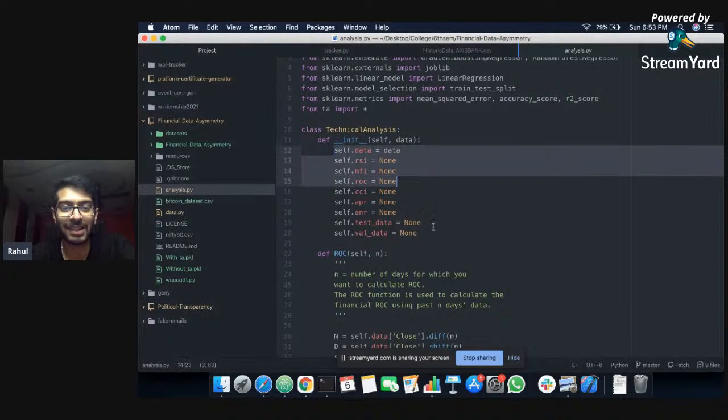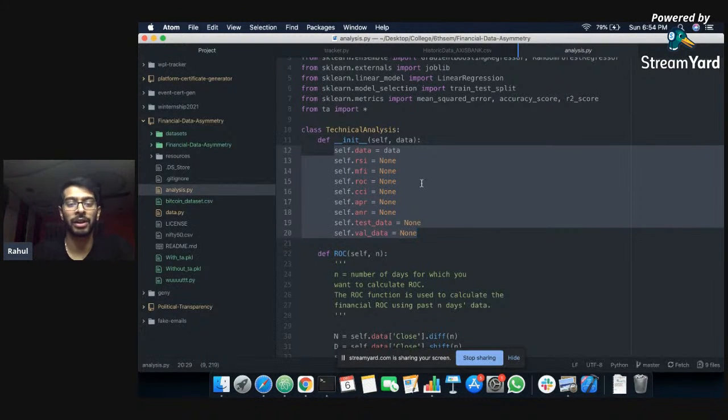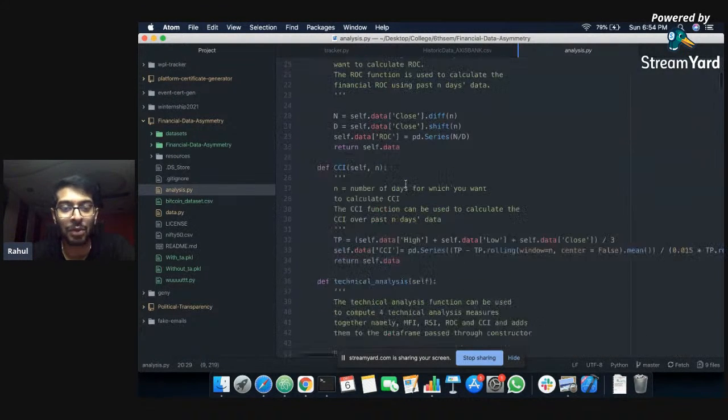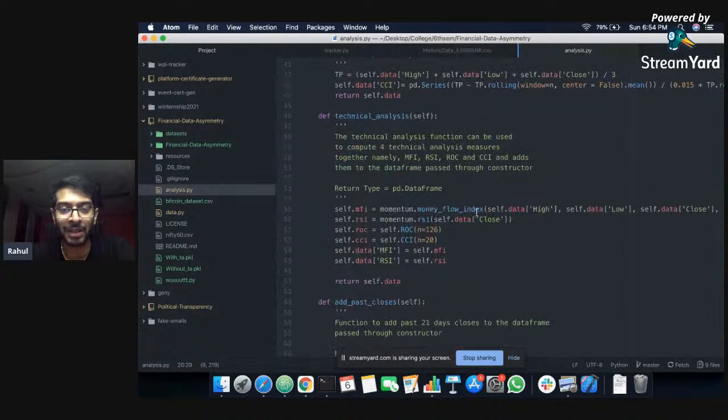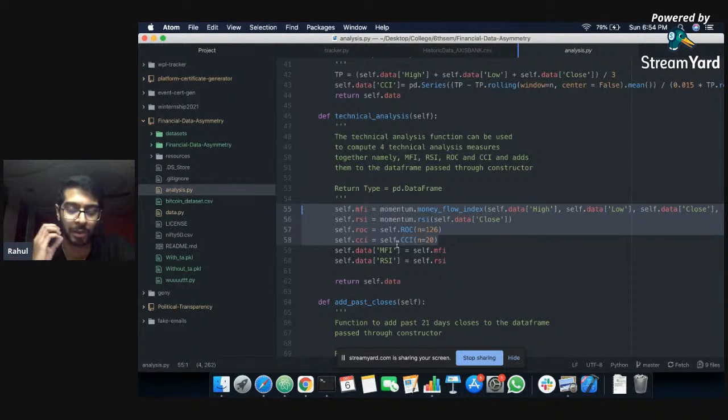So all these are class instances, and we're defining this within the constructor so that we can use it at a later point in time. For ROC, CCI, money flow index, and RSI, you don't really need to worry about these. These are basically technical analysis measures for performing a technical analysis on a particular stock's history.